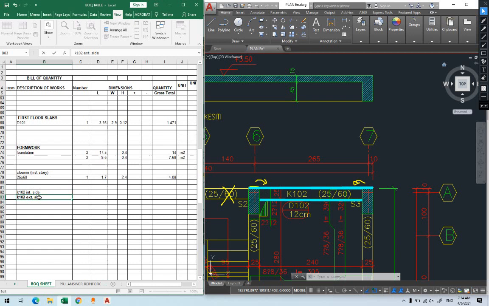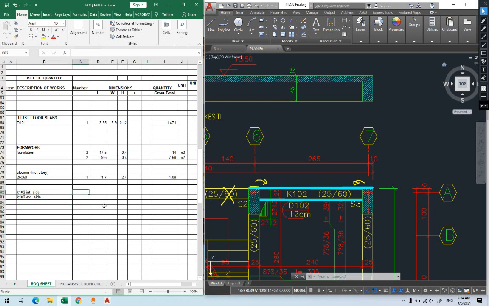Exterior side. I have two sides here. I'll talk about the bottom as well, but first, for the interior side, we have one. Now the length of the interior side, we'll take it from here, which we can see from inside to inside is 240. We'll bring that value here. So we have 2.4.